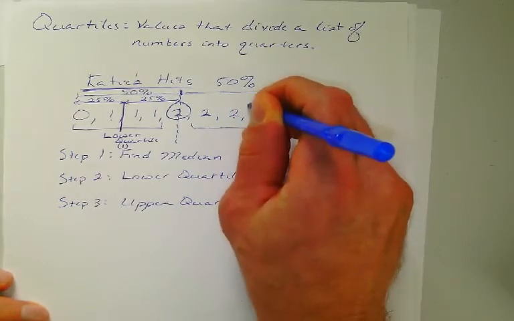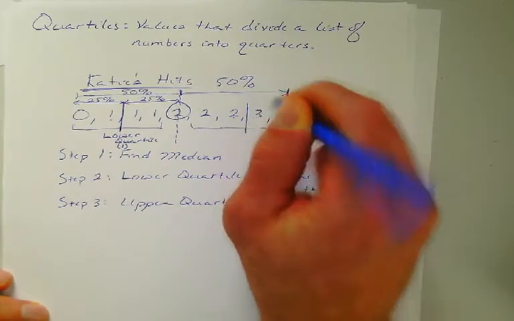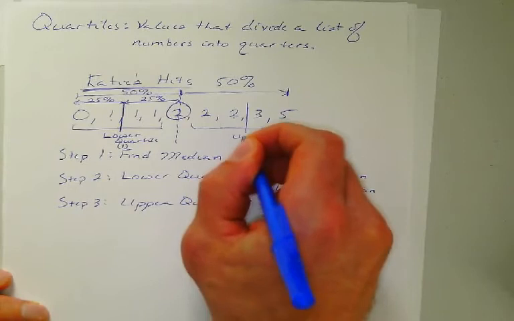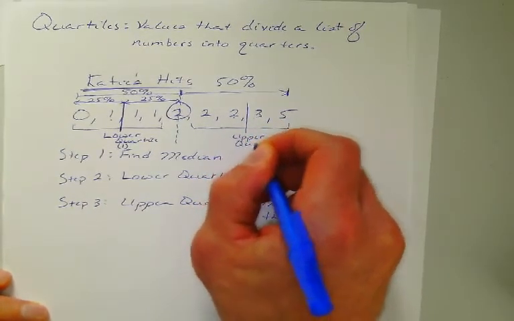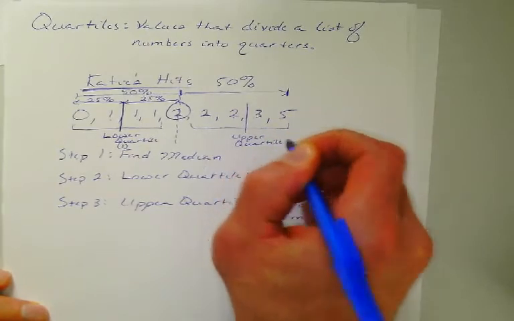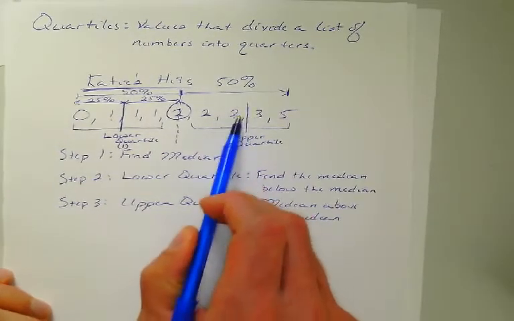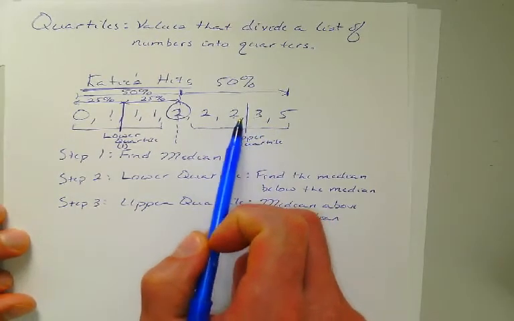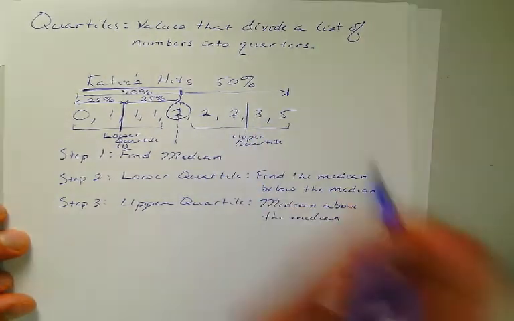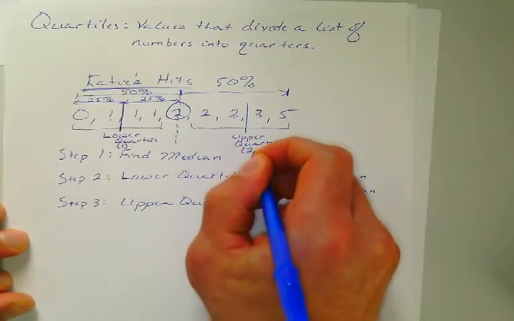I'm going to draw a line here so we can see. This is my upper quartile. Since it falls between two numbers, 2 and 3, I need to take the average, or the middle. The middle between 2 and 3 is 2.5, so my upper quartile is 2.5.